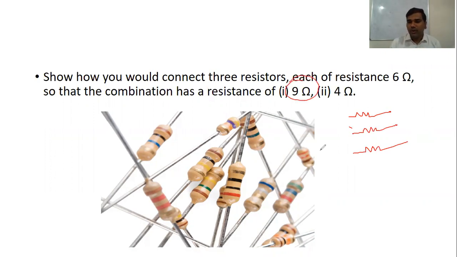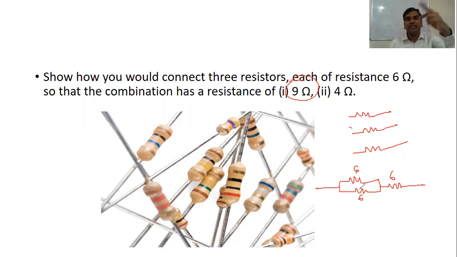What we can do is connect 2 resistors in parallel, 6 parallel 6, and connect another resistor in series. 6 parallel 6 will give 3, because when 2 equal values are connected in parallel, the total will be half of the individual value.